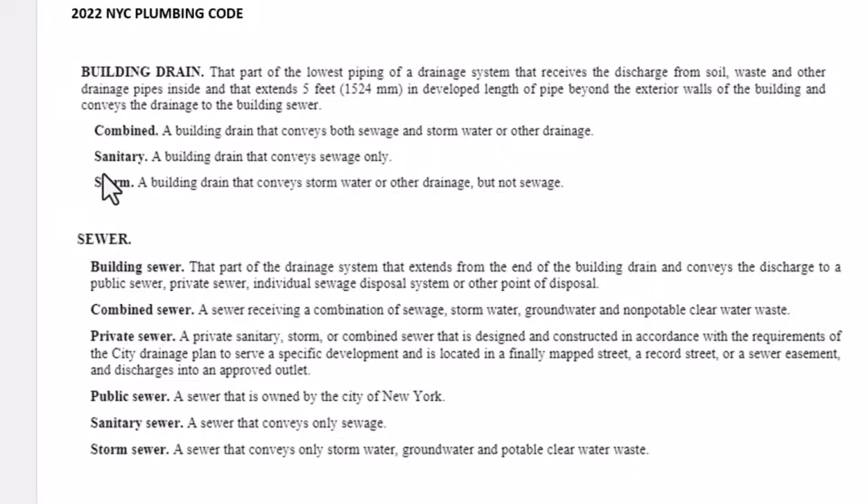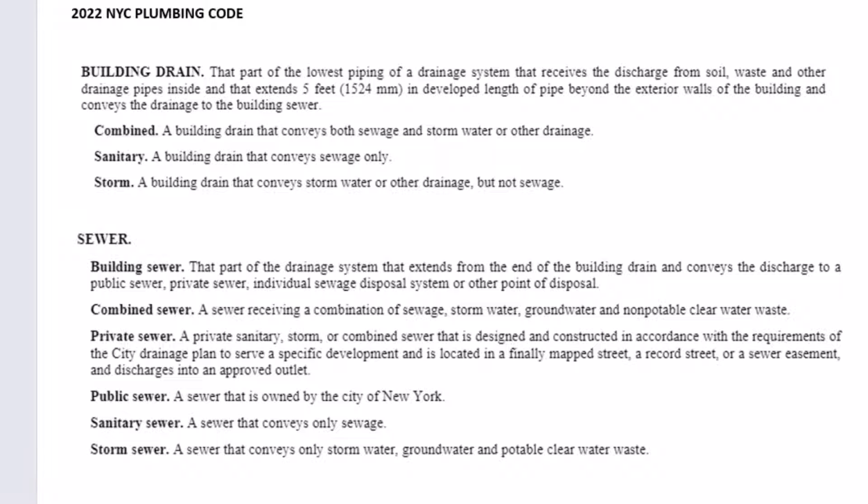So that would be part of the storm drainage system. And if the storm piping connects to the sanitary piping and it basically goes into a common pipe, that common pipe is called a combined pipe. So it's defined as a building drain that conveys both sewage and storm water or other drainage.